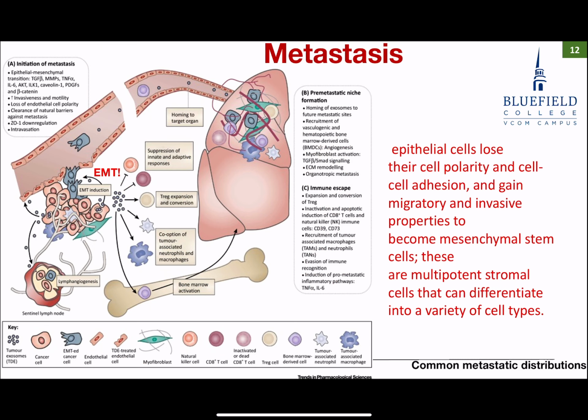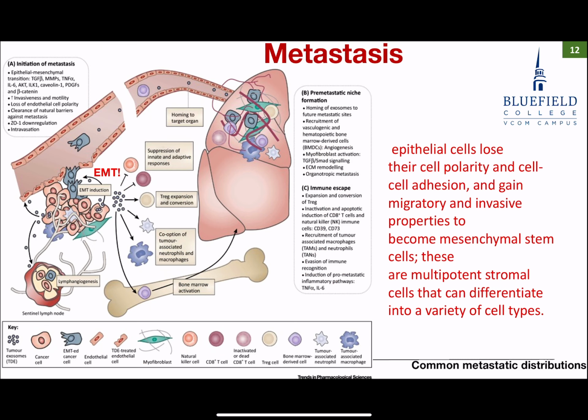That leads me to metastasis, which is the most scary phase of cancer, because this is what cancer patients die of in 90% of cases. So the cause of death in cancer in 90% of cases is metastasis itself. This is a process in which epithelial cells lose their cell polarity and cell-cell adhesion.